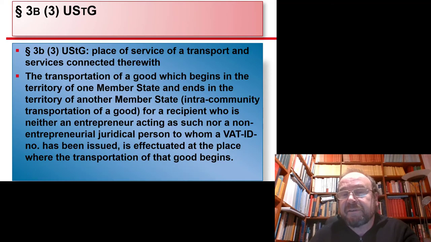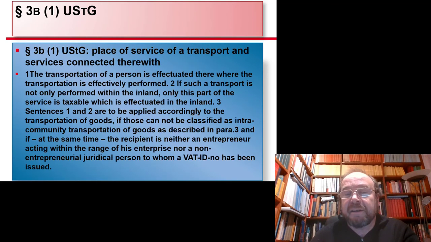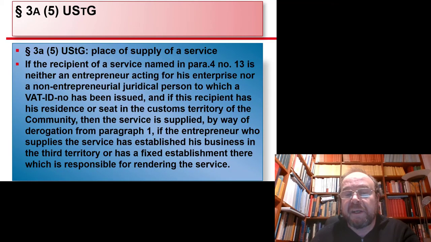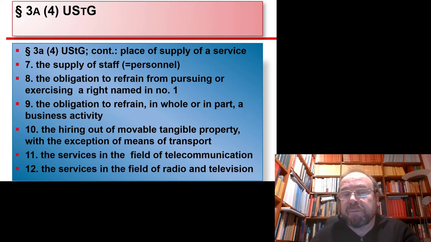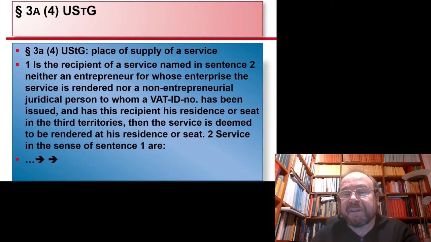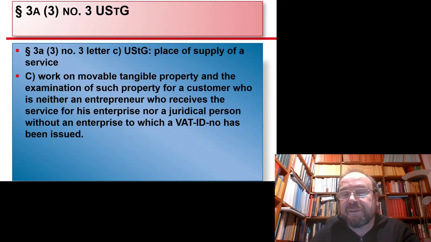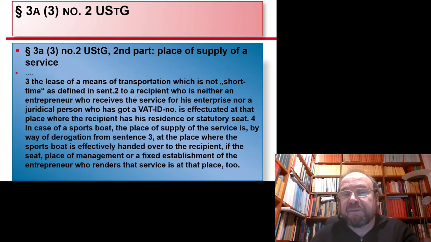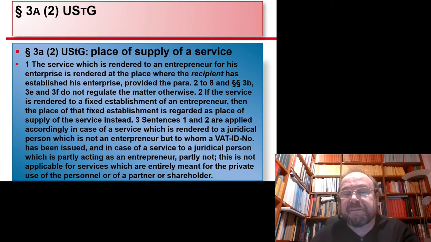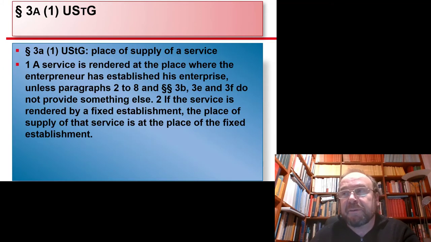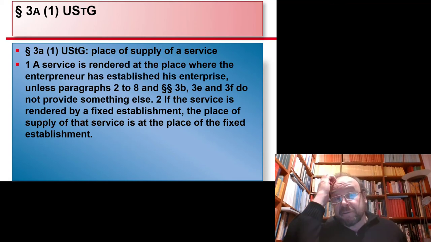And just to show you again how much it is, the translation is sometimes a bit abbreviated. So this gives you one basic message. If you have to determine the place of a service, you will have to look many things up, and you can't know that by heart.